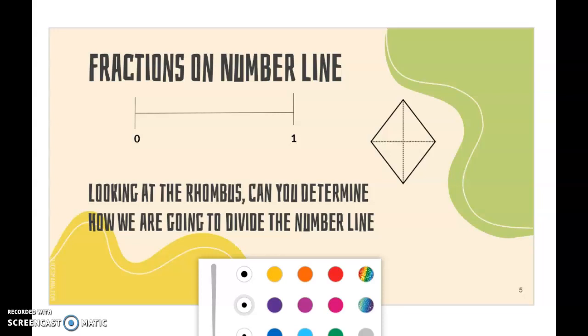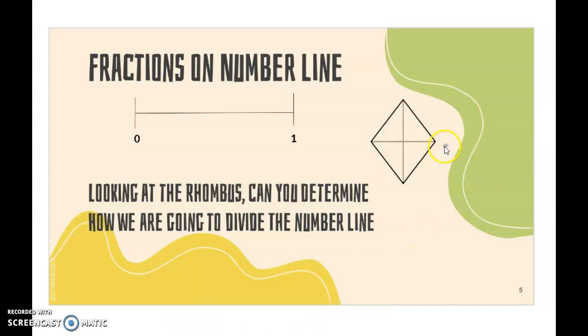So if we look to the left of our slide, we can see that we have a rhombus here. You can also see that the rhombus has been decomposed into 4 equal parts. Since it has been decomposed into 4 equal parts, we will have a denominator of 4.